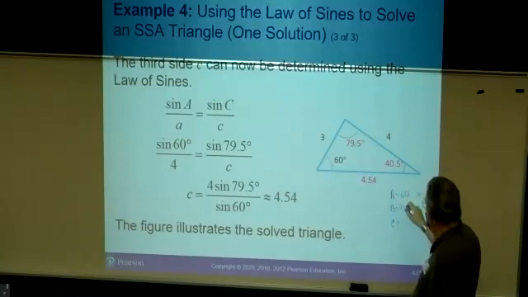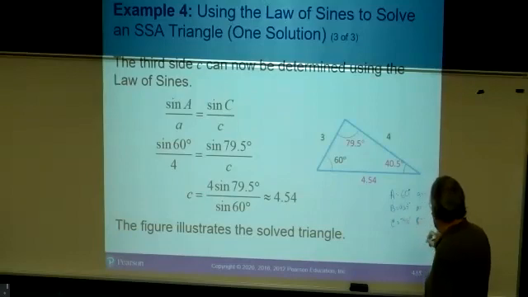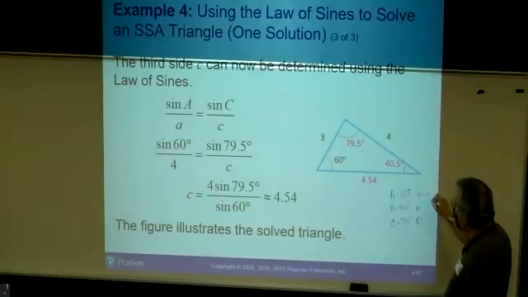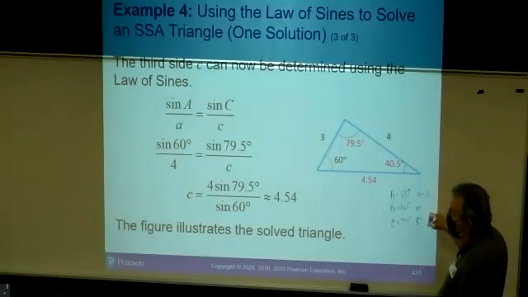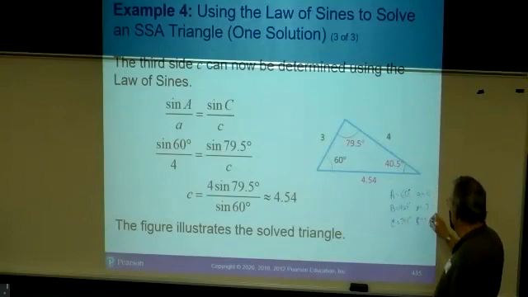B was the 40.5. And C is the 79.5. And A was 4, and B was 3, and C was 4.54.